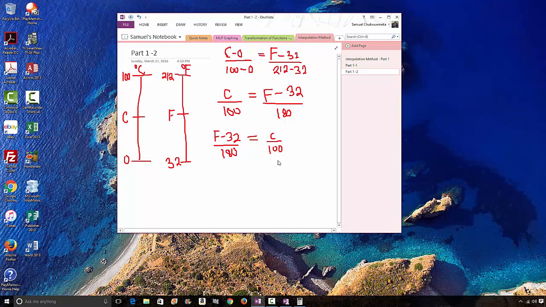So let's look for the greatest common factor of 180 and 100, and we can multiply both sides by the greatest common factor. You still recall how you get your greatest common factor?